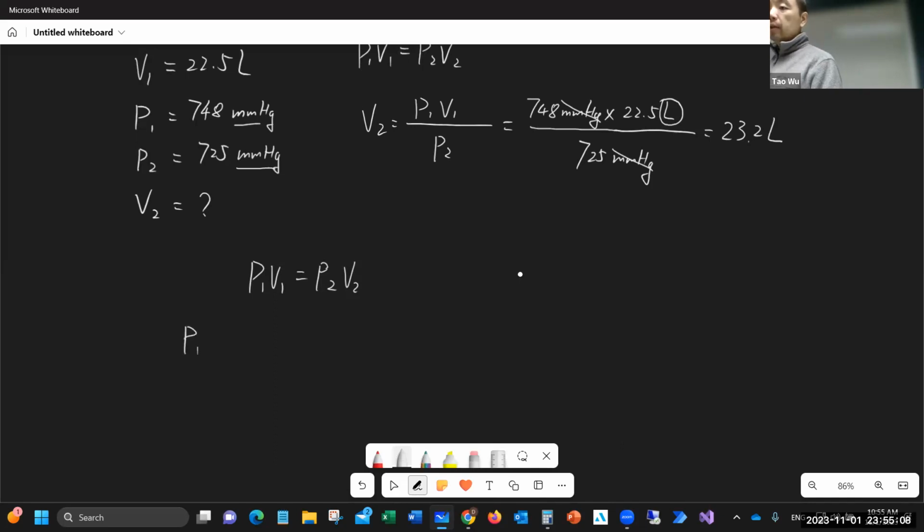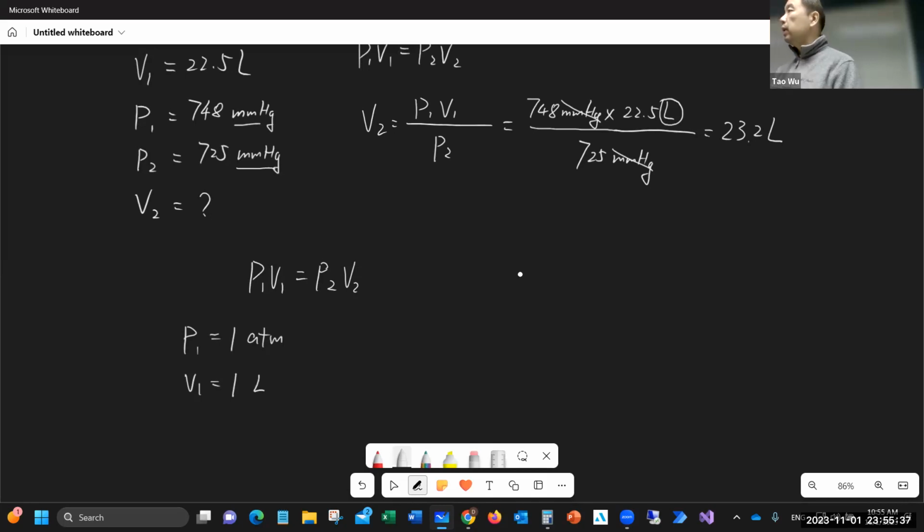If there's a conceptual question and it didn't give you any number, just make up some numbers. So if the P1 is 1 atmosphere, and the V1, let's just assume 1 liter.